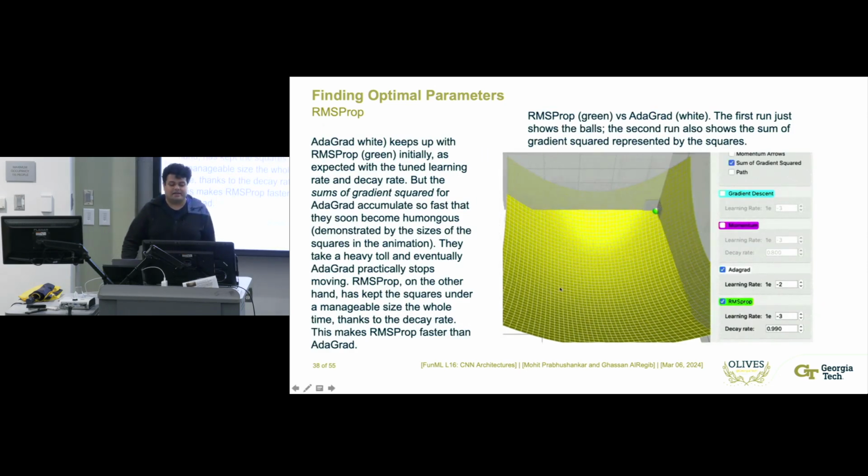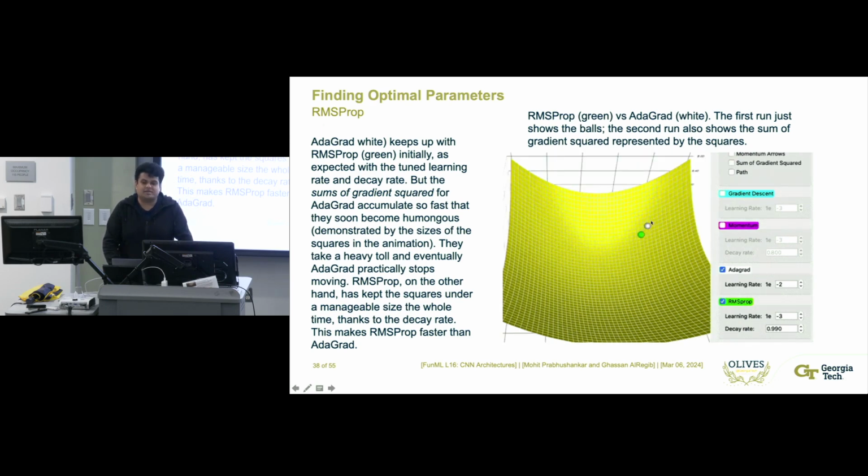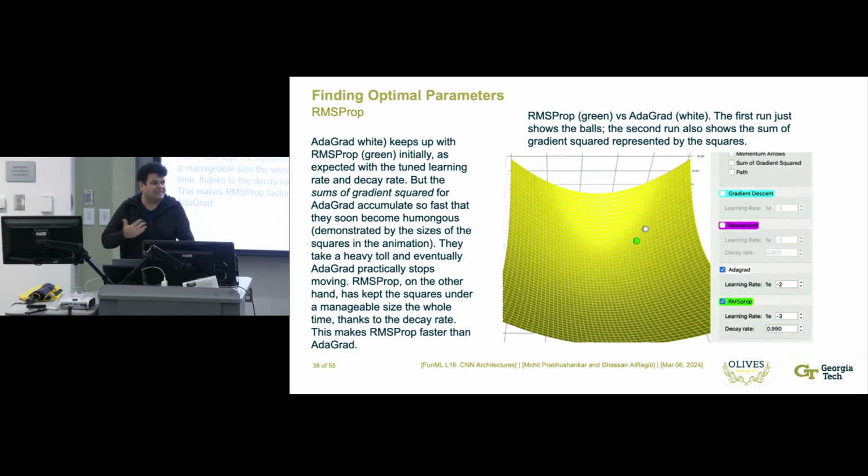The white is AdaGrad versus the green is the RMS prop that we are seeing now. What you'll notice is that after a certain while, your AdaGrad stops in the training procedure or optimization. It's because your sum of gradients is now so high that W t plus 1 equals W t minus alpha divided by a very high number, which is going to be 0. So it's not moving at all.